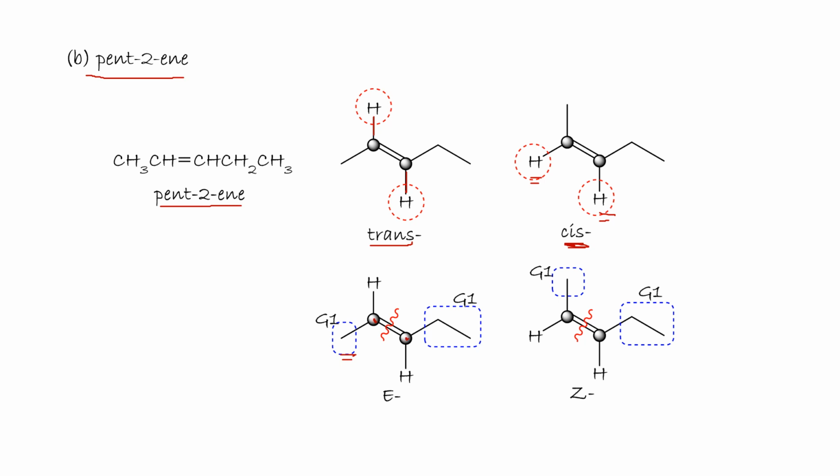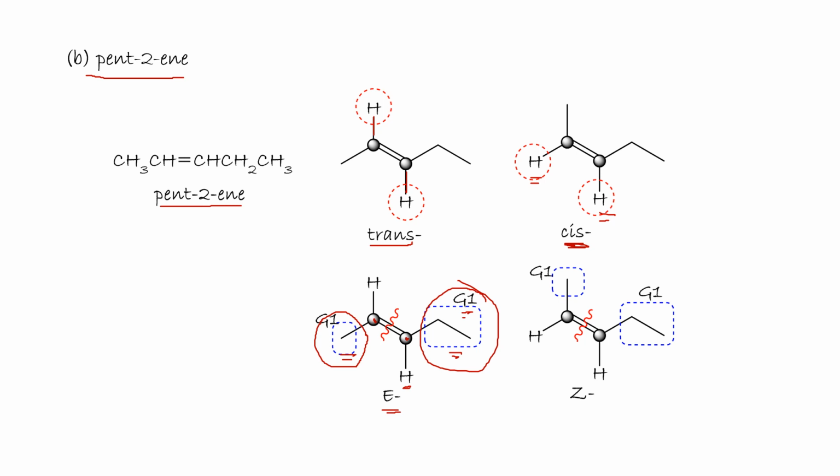Carbon number 3 carries hydrogen and an ethyl group. Which one is senior? The ethyl group. So if the ethyl group here and the methyl group on that carbon are in different positions, they are E configuration.